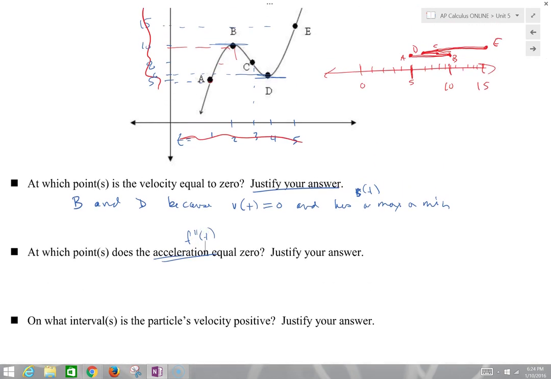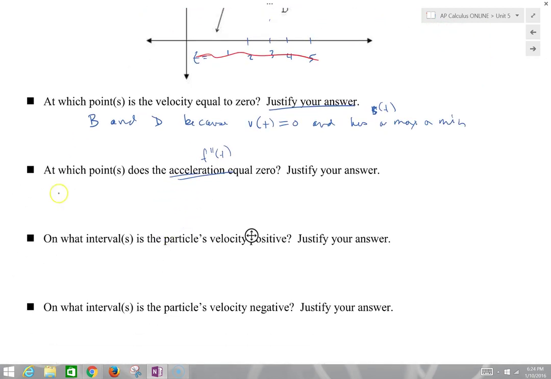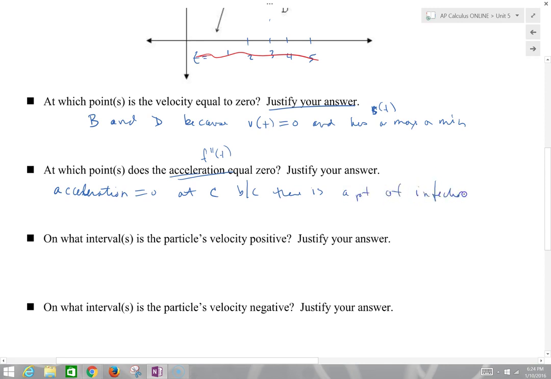Looks like maybe C. If it has to be one of those, I would pick C. So acceleration equals 0 at C because there is a point of inflection. And that's how we know.